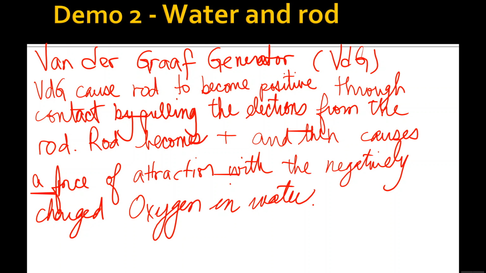Also wrote that water, being a polar molecule, is both positive and negative, so it will be attracted to both positively or negatively charged. Okay. Very good. Very good. Anyone else?